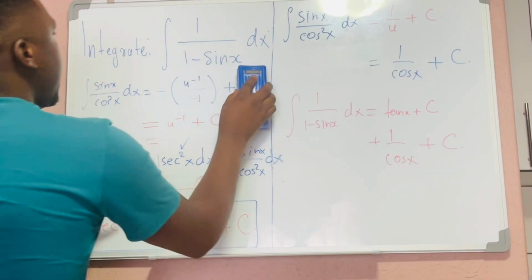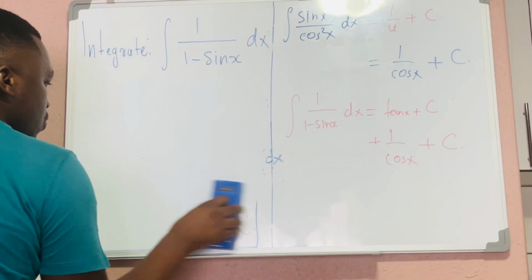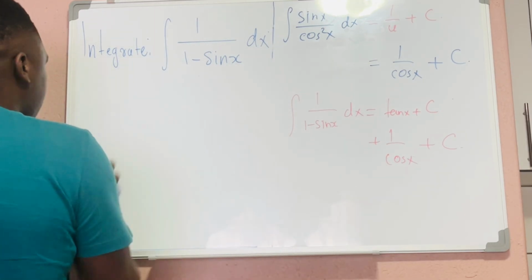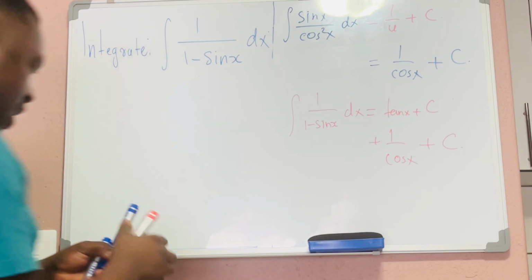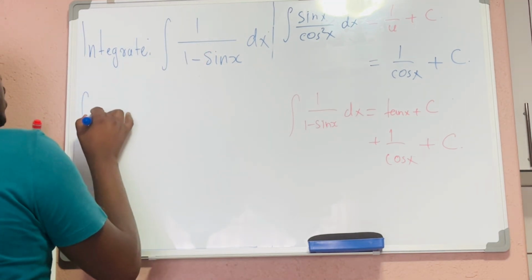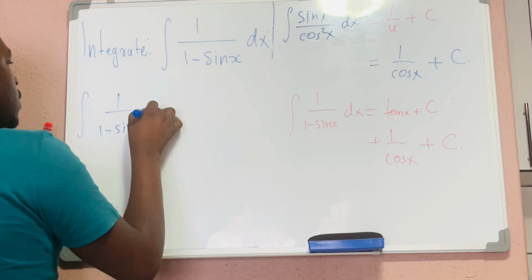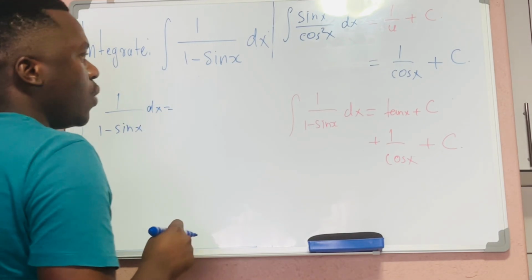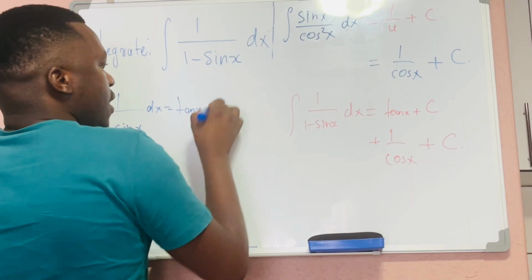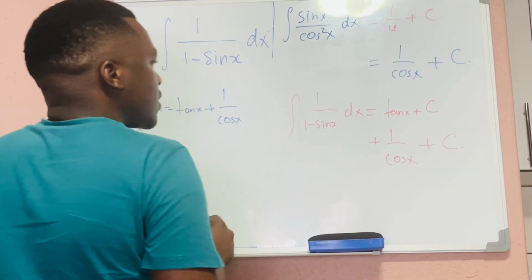So I can erase this now and write down the solution. My antiderivative for 1 over 1 minus sine of x dx is the tangent function of x plus 1 over cosine of x.